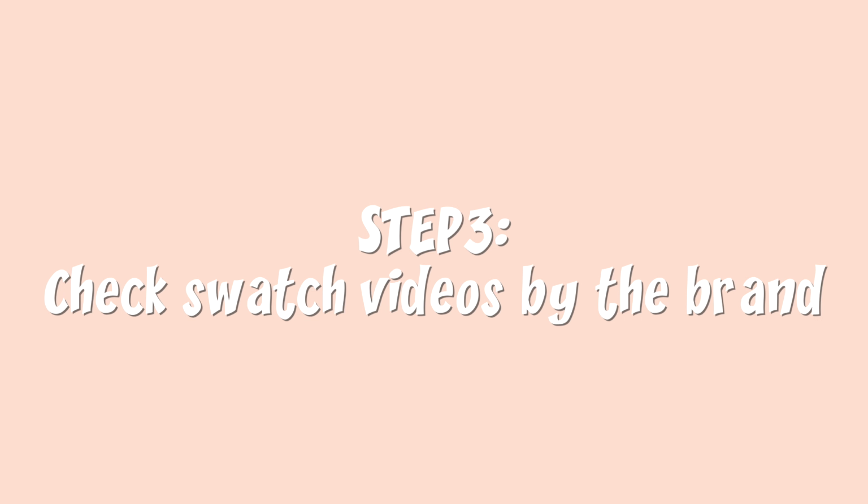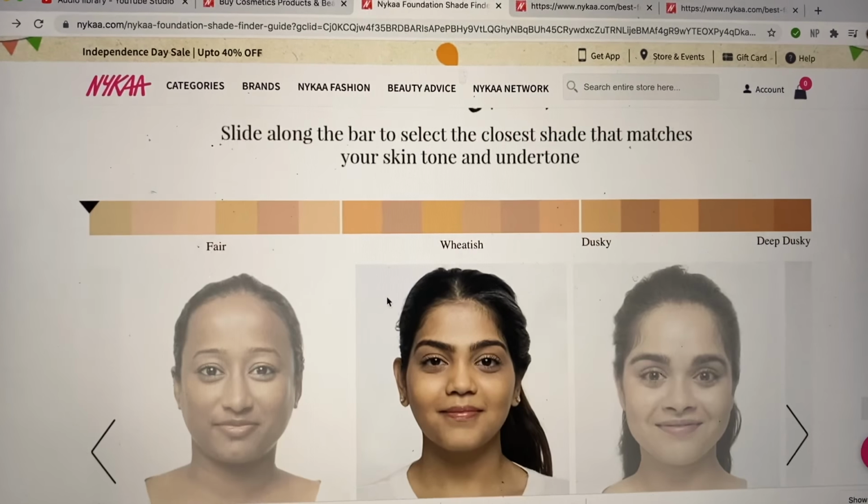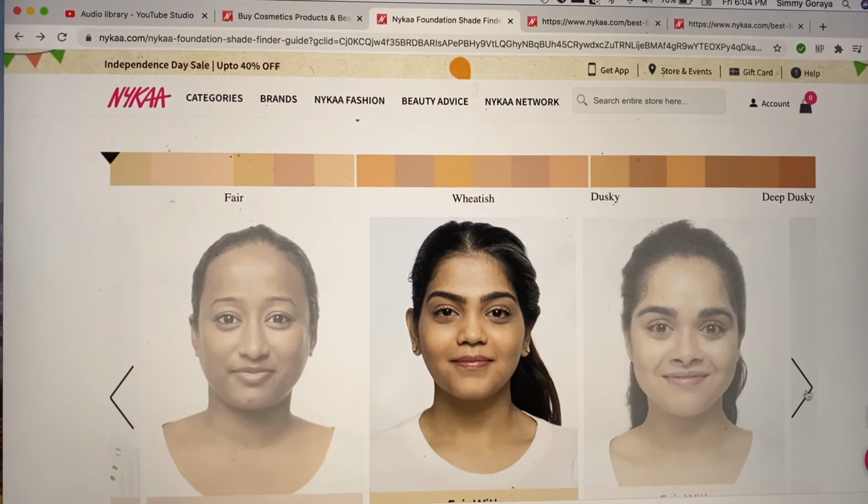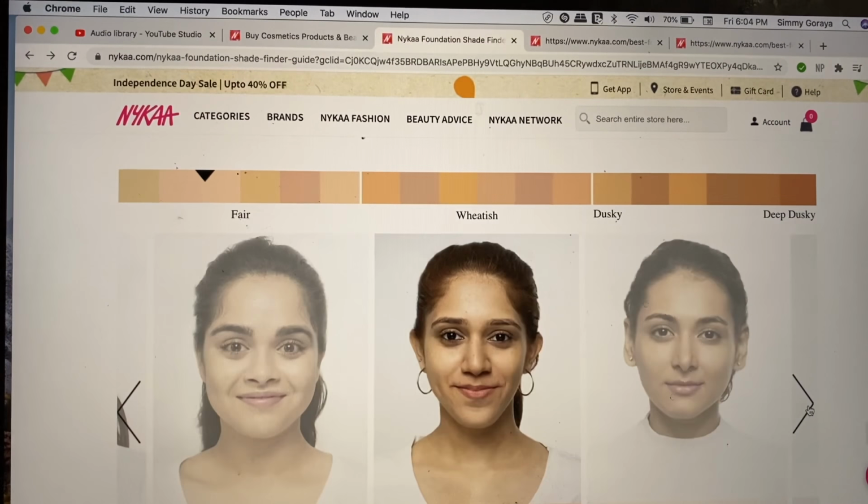Now, once you know your undertone, the next step will be to watch a swatch video, either by the brand themselves, because sometimes brands do put up a mini swatch video on their website, or sometimes even on Nykaa or any e-commerce platform that they're on. But if they don't do that, sometimes they also just put up a shade card.